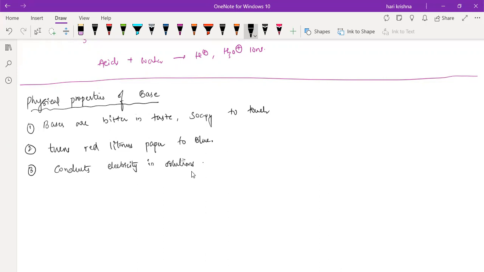Right? Next, any other property? Okay. So strong bases are corrosive in nature. Fine.